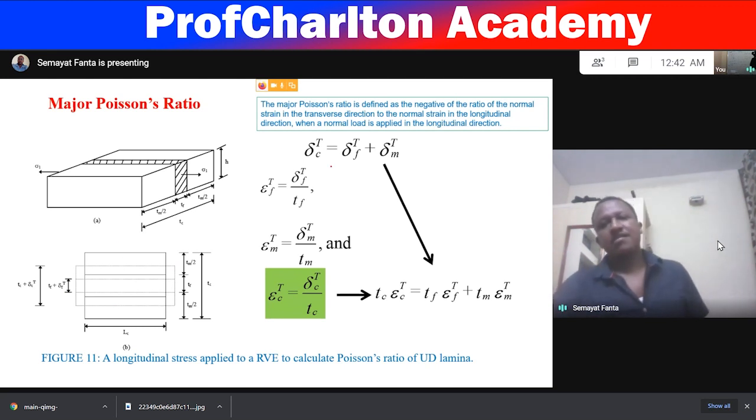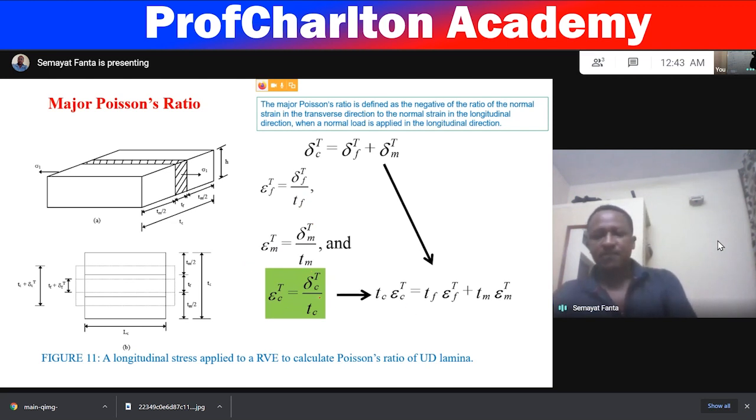Now the deformation of the composite in the transverse direction is equal to the deformation of fiber in the transverse direction plus the deformation of matrix, because the deformation is the sum of the two. They are all in the same direction. Strain in the fiber is equal to the deformation in the fiber over the thickness of the fiber, and the strain in the matrix is the deformation of matrix over the thickness of matrix.